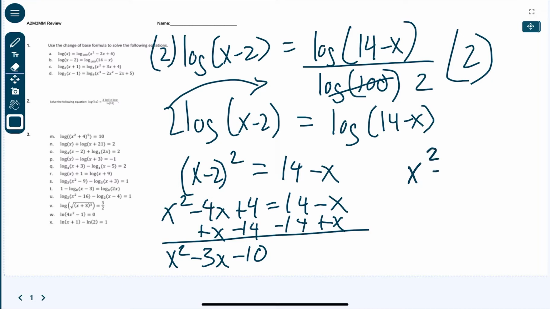We'll write this over here as I think we should be able to factor that using trial and error. X plus, X minus, and I think it would be, nope, that should be 2 and 5.